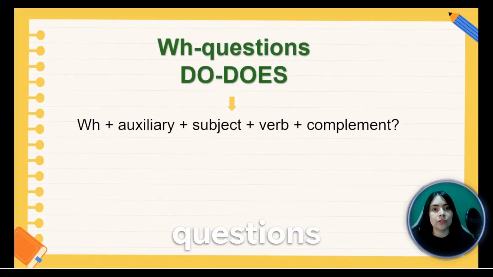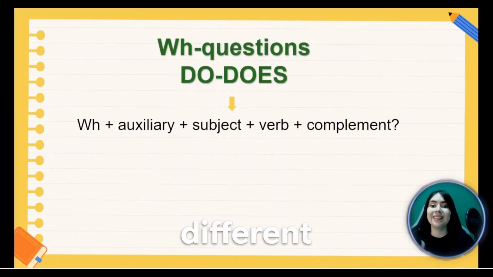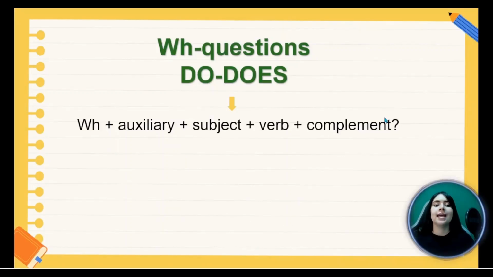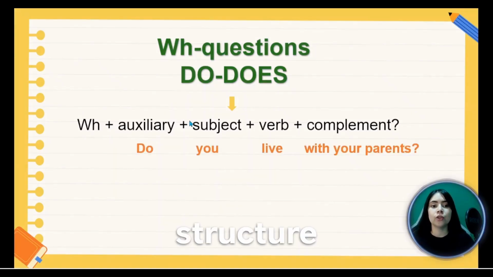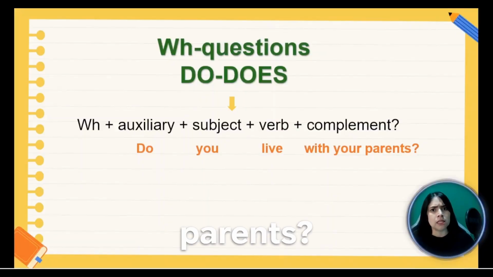Now, the new questions that we will learn are the WH questions. These questions have a different intention. The answer depends on the WH word. For example, this is the structure of a yes-no question: auxiliary, subject, verb, and complement. Do you live with your parents?